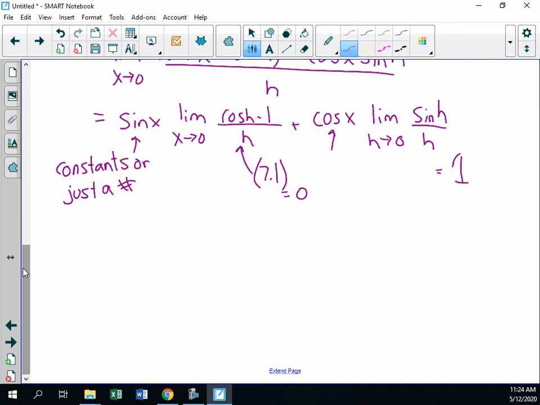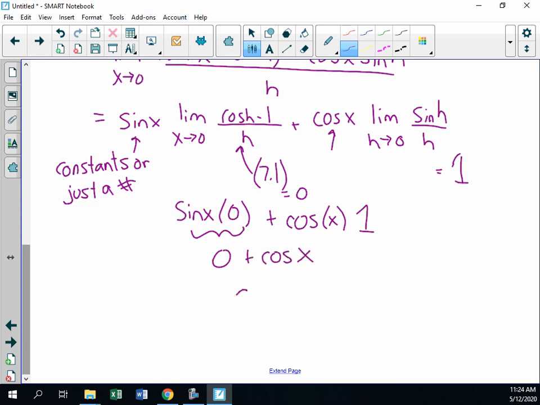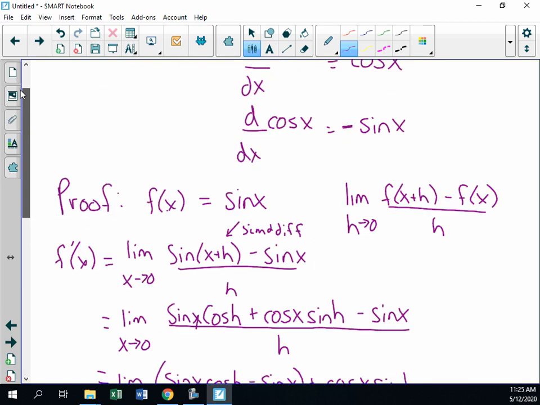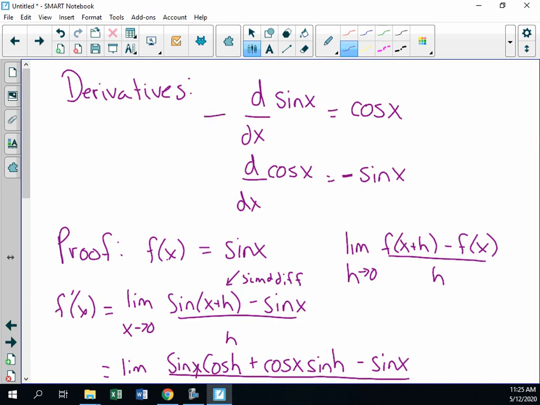So what we're saying is sine of x times 0 plus cos of x times 1. Well, this just becomes 0 plus cos of x, which is cos of x. And that is the value, or the proof, of how the derivative of sine x equals cos of x.